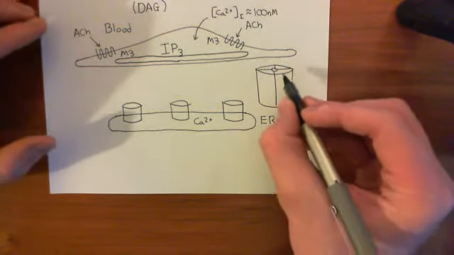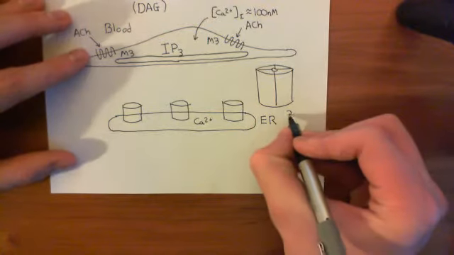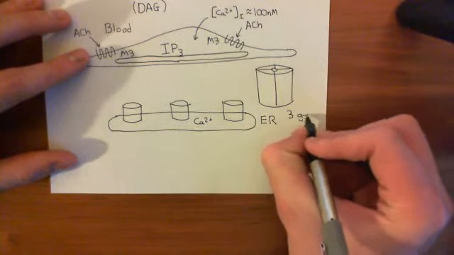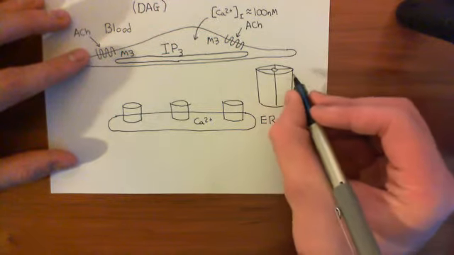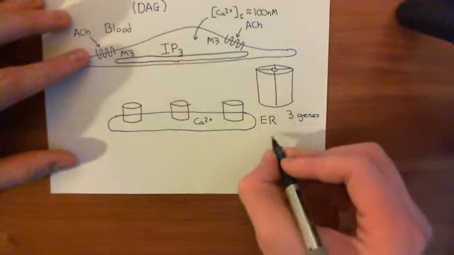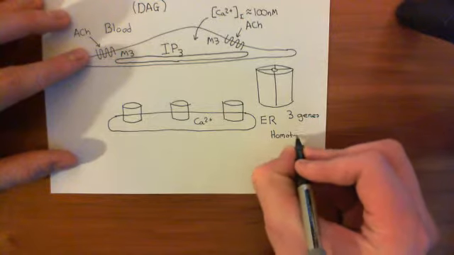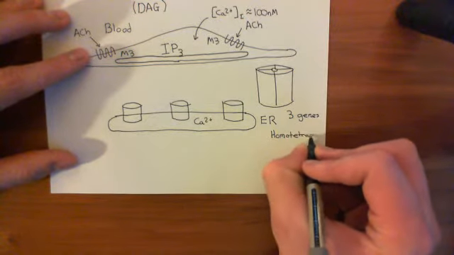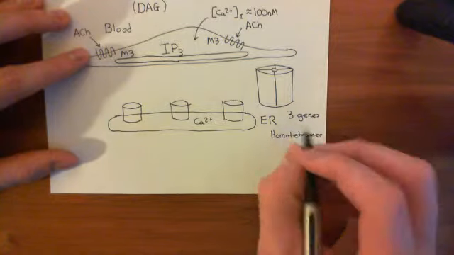Now, when you're making an IP3 receptor, there are 3 different genes which all encode for proteins which can be used as a quarter of the IP3 receptor. So if you want to make an IP3 receptor, you can either make a homotetramer, which is basically when you use the same gene to code for 4 proteins.